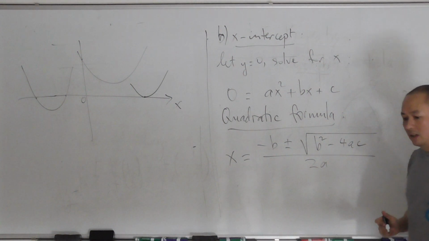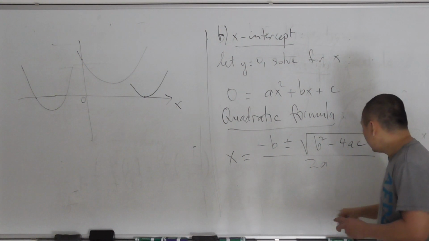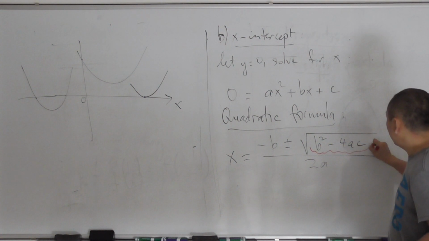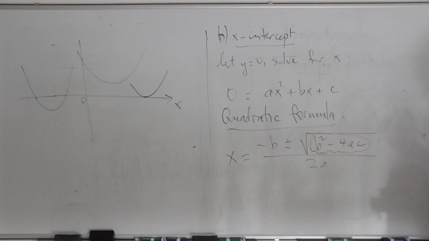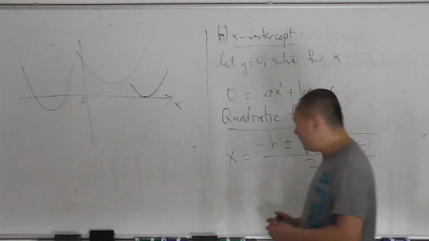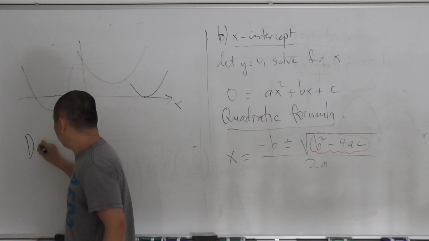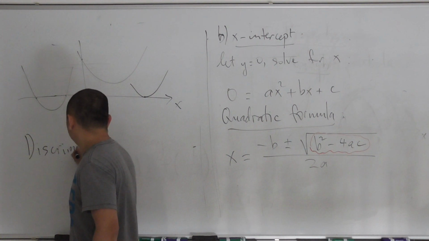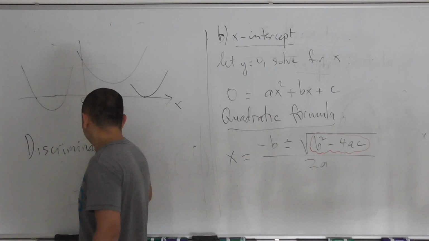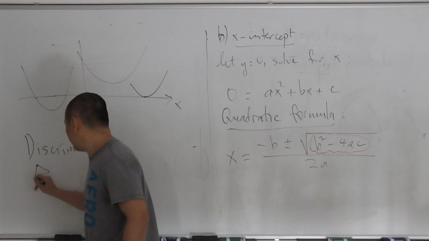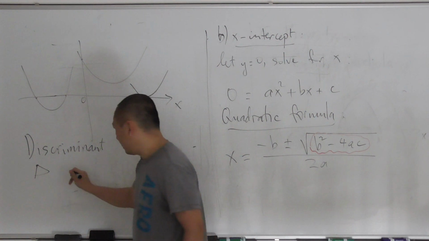The number of x-intercepts really depends on this quantity right here, and we even have a name for it. It's called the discriminant. People denote it with the Greek letter delta, the triangle.